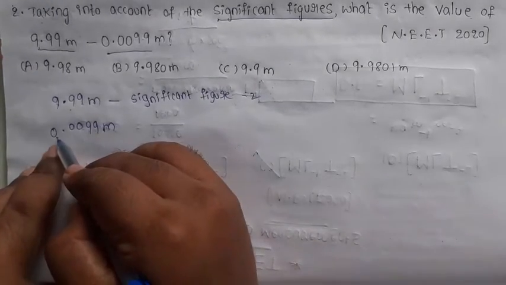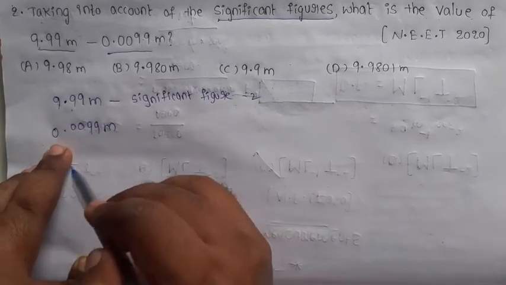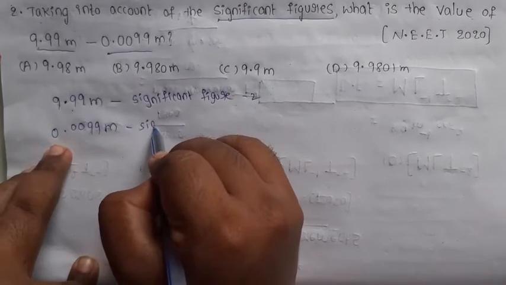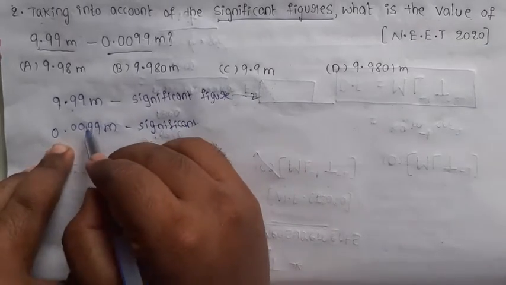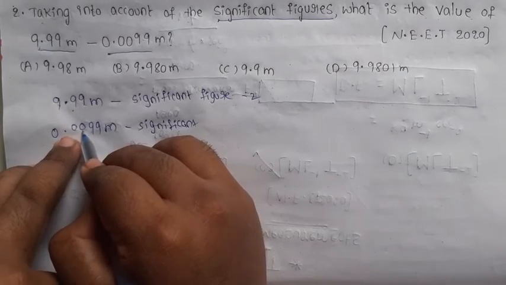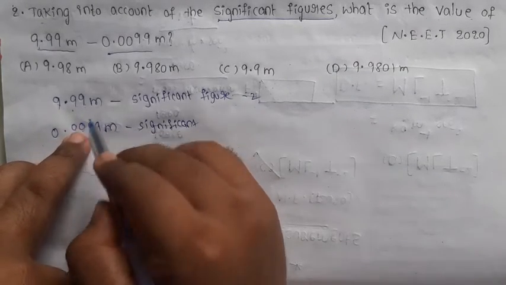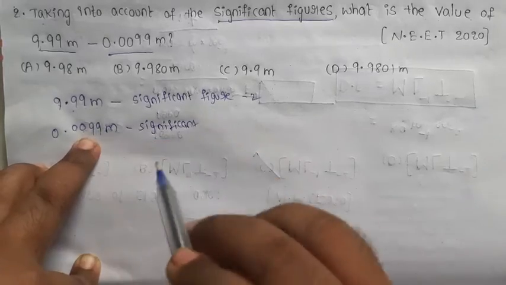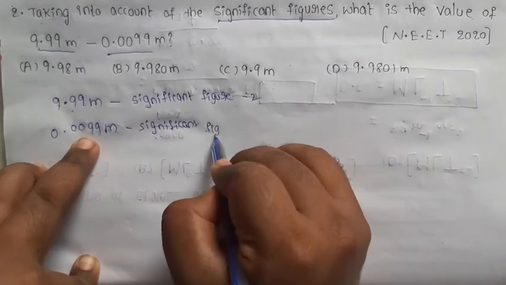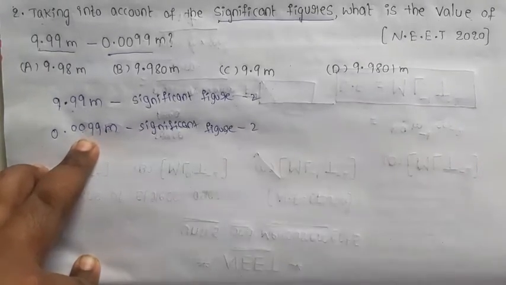So next coming to 0.0099, find out the significant figures here also. Here any zero term is there? Yes, so remove these two zeros. Remaining significant figures are 1, 2. So here the significant figure is 2.